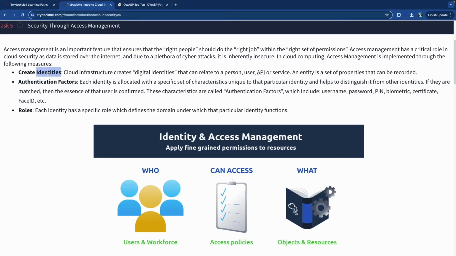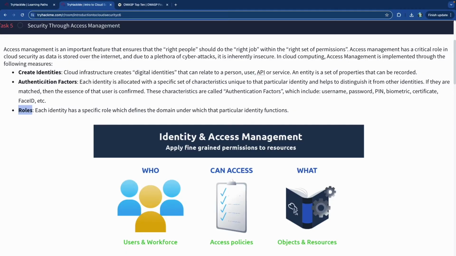So you have an identity, the identity needs to be authenticated, and then you have roles, right? Each identity has a specific role which defines the domain under which that particular identity functions. That role gets access to certain services inside of a certain domain, and they are allowed to do those things according to that role.